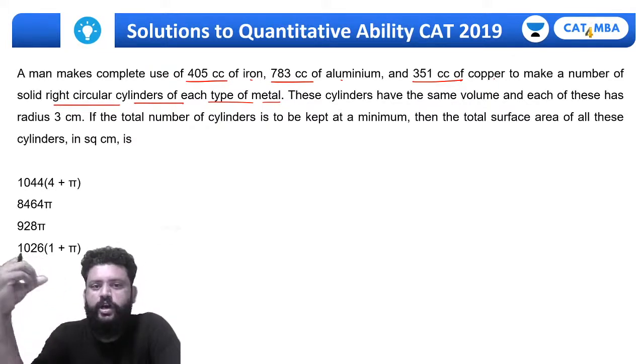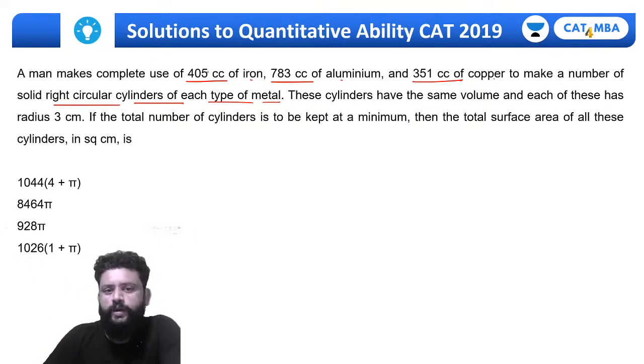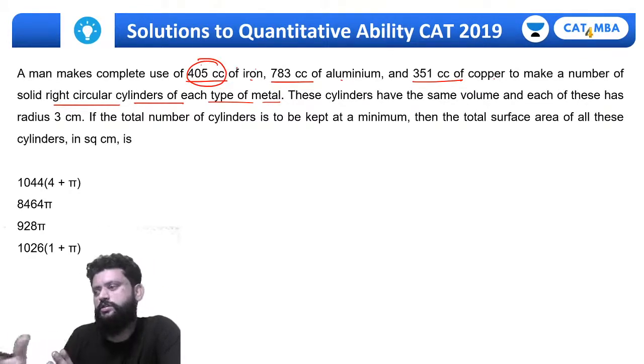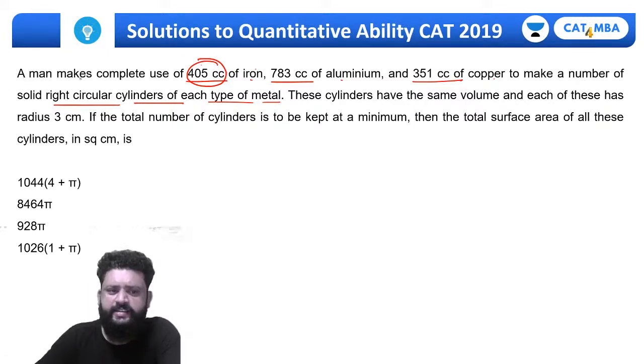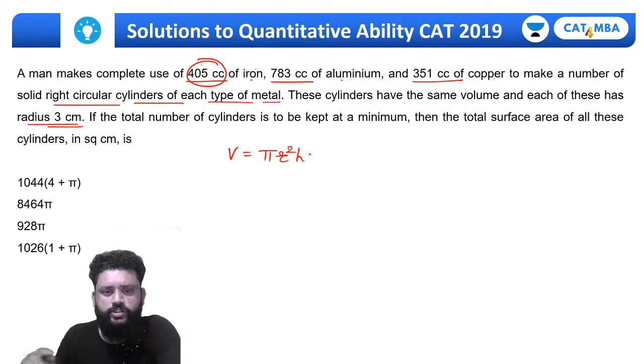So guys, the simple logic here is मुझे ये पूरा 405 आयरन यूज करके कुछ सिलेंडर्स बनाने हैं सेम डायमेंशंस के, जिनका रेडियस 3 सेंटीमीटर है एंड हाइट कुछ रहेगा h. So we know volume of right circular cylinder is pi r square into h.